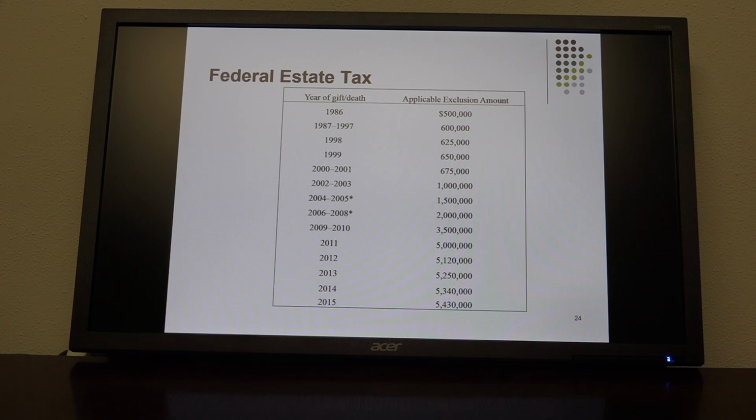Anyway, back to my question, can you think of instances where the 5.43 million might not be enough? Because again, these transfers are based upon fair market value. I can think of two, and at least probably in this part of the country, one of them may be quite relevant, and that's the family farm. Family farms are usually, not always, but usually land rich and cash poor.